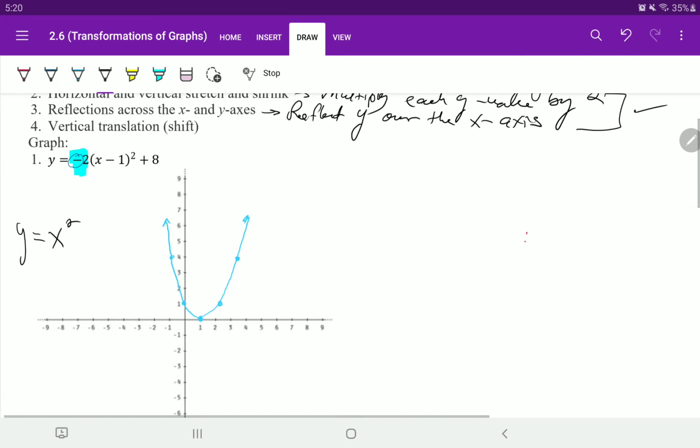So this coordinate right here is 1, 0. We're going to multiply the y coordinate by 2. 0 times 2 is 0. And 0 is neutral, so that point stays the same.